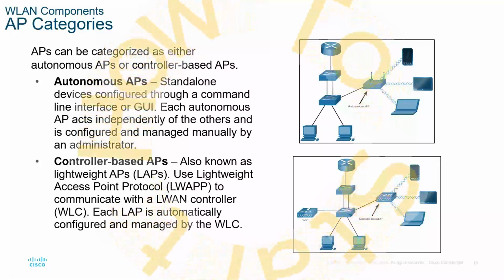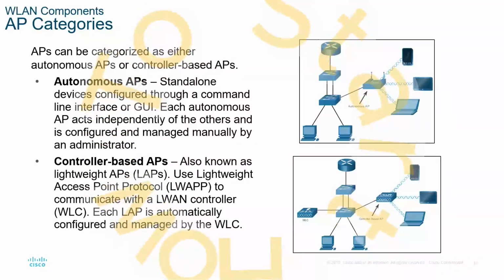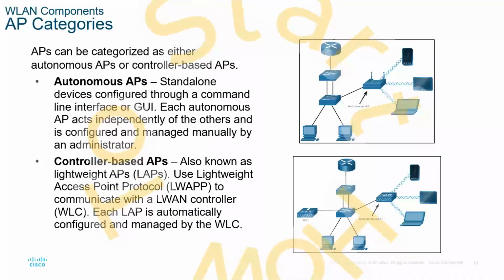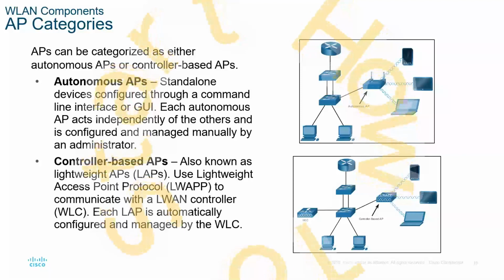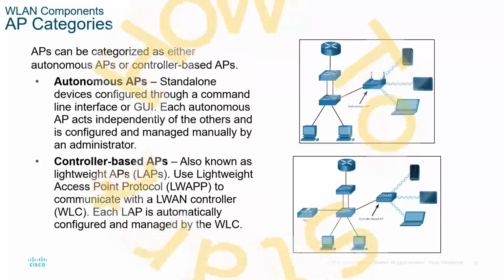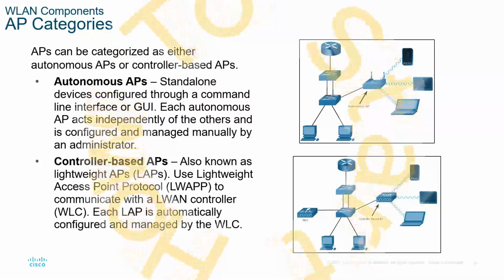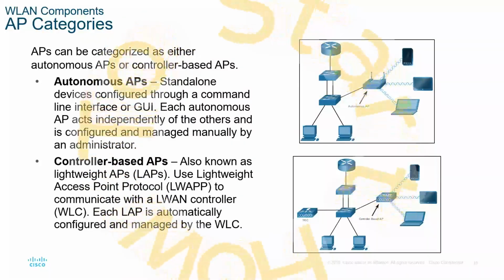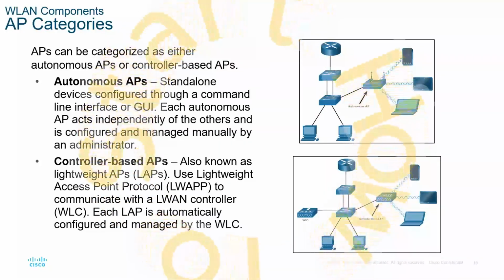And for Cisco's realm, we are using the wireless LAN controller, WLC. Basically, each controller-based access point will automatically be configured and managed by the wireless controller that's on that network. And actually, that's what we have labs doing, is configuring both an autonomous AP and configuring a WLC-based network.